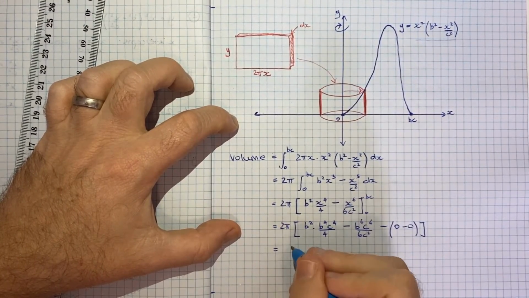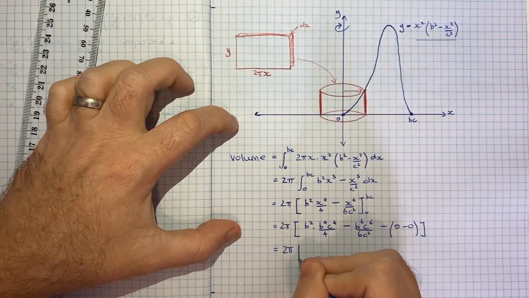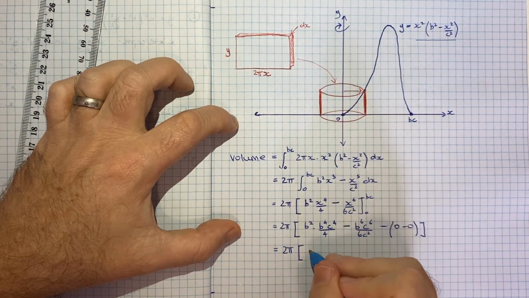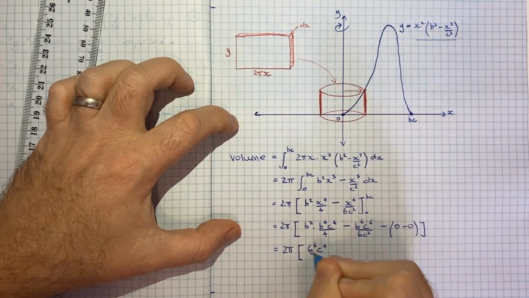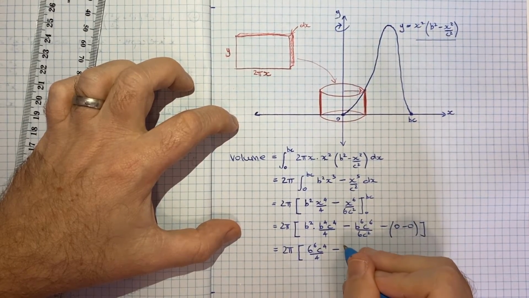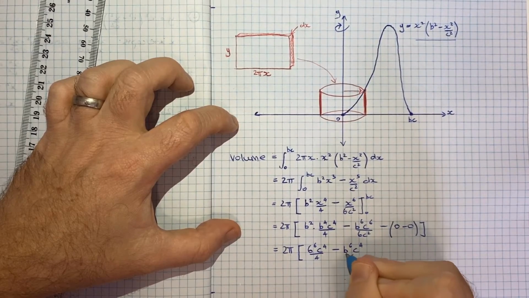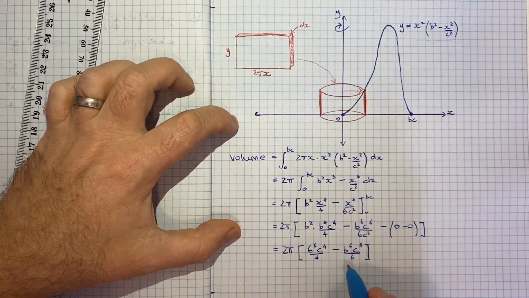So we'll get 2 pi times b to the 6 c to the 4 on 4 minus, and this c to the 6 and c squared will simplify, so b to the 6 c to the 4 on 6. So we've actually got the same term, we just need a common denominator.